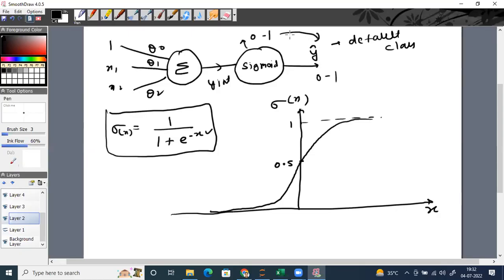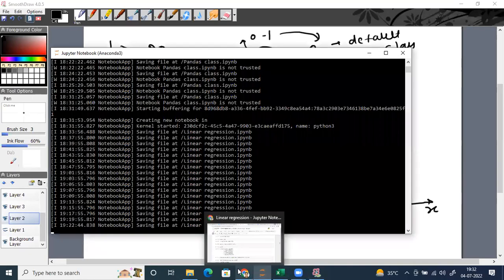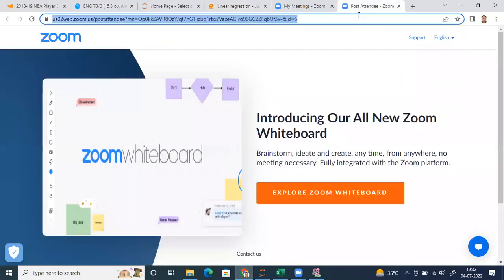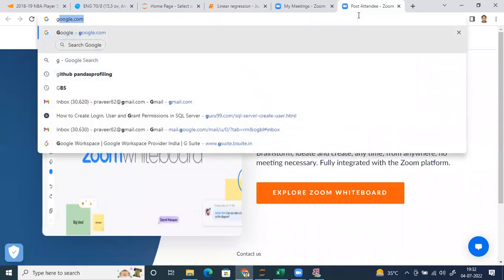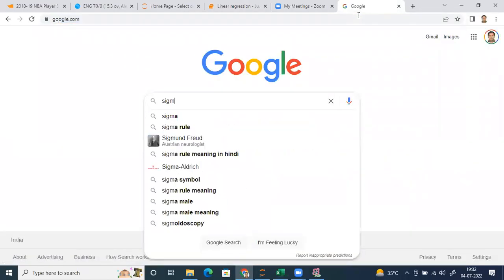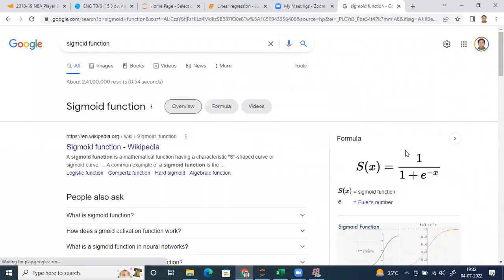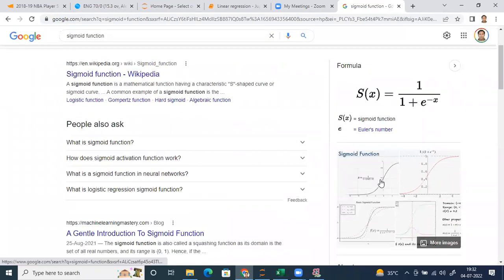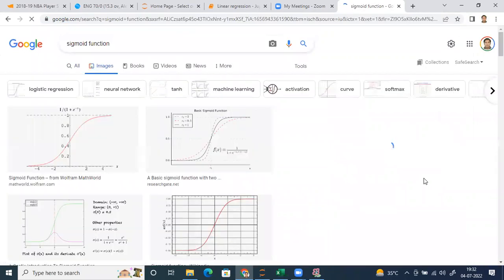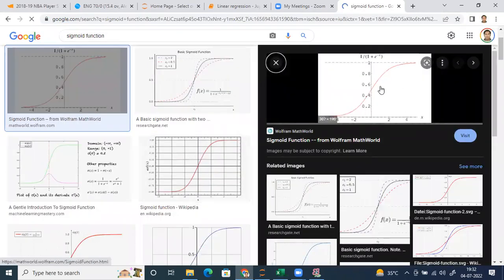If I go to Google and type sigmoid function, can you see everyone? The formula is the same, 1 upon 1 plus e to the power minus x, and the shape is the same. So sigmoid converts your continuous output into a probability that lies between 0 and 1.